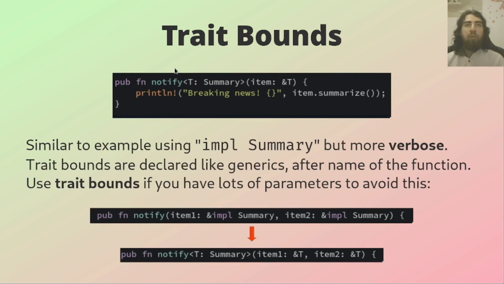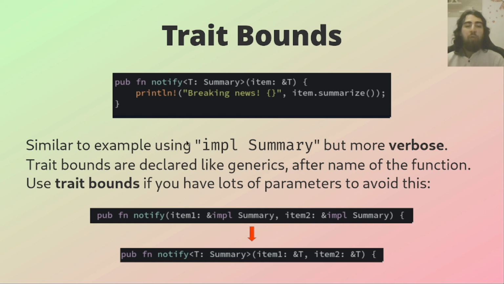Now there is also a concept called trait bounds, meaning if we declare over here a generic type parameter, we can define that the type over here must implement the summary trait. So the argument we pass to this notify function must implement the summary trait.